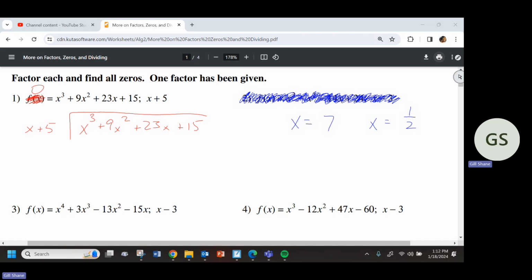So the only other type of problem that'll be on Monday is how to take a problem where I give you the zeros of the polynomial, and you have to create a polynomial that has those zeros. And that was one of the simplest things we did. First you have to find the factors, which you would do by taking the opposite of whatever the zero is. So if the zero is -2, the factor would be x plus 2.